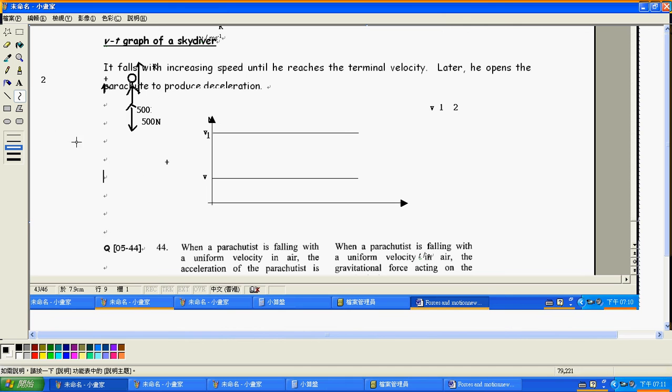So let's look at it. At first, before the parachute opens, it will reach terminal velocity without the parachute. After opening the parachute, it decelerates until it gets to the second terminal velocity.